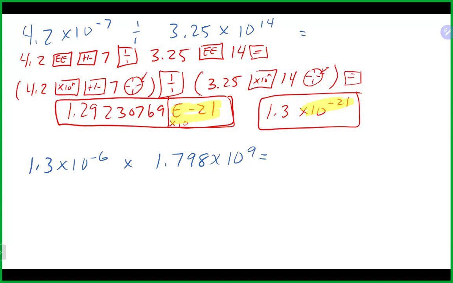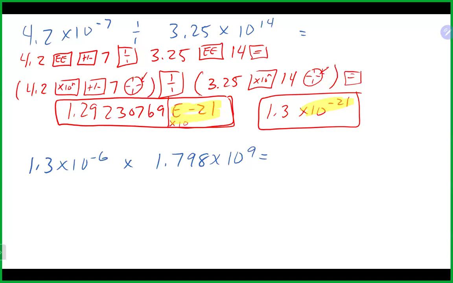You also want to, when you write your answer, if your calculator gives you scientific notation with an E, not write your answer with the E. It should be written as times 10. So don't give your answer, for example, as 1.3 E minus 21. Don't use the E in your answer. It should be written 1.3 times 10 to the minus 21.